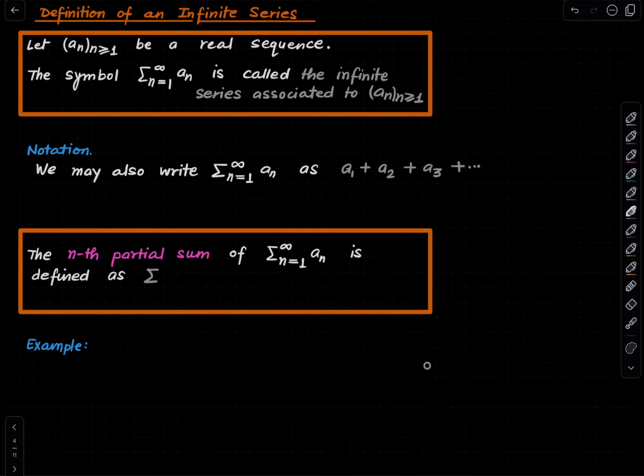So in symbols, it is the sum starting from 1 going up till n. Lack of space, sorry. This is a meaningful number. This is addition of n things. Sorry, this is a_k, I apologize. This is a_k. Right? So this is a sum of n things. And therefore, it is a meaningful real number.